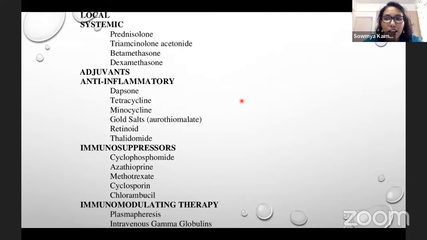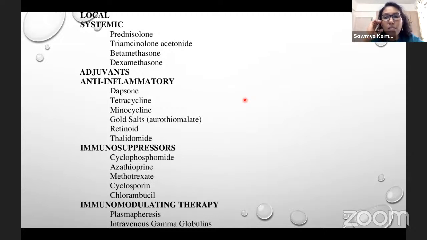But suffice to say that you should be able to identify at least a patient with a blistering disease, because very often we have patients in OPD who come to us with a history of, say, a year or 2 years of non-healing oral ulcers, and they've been treated by several people, including general physicians, ENT, dentists, and nobody has been able to pick up the fact that this patient could actually be having pemphigus. So non-healing oral erosions is a sign, and also the cutaneous lesions. Once cutaneous lesions develop, it's easier to pick up.